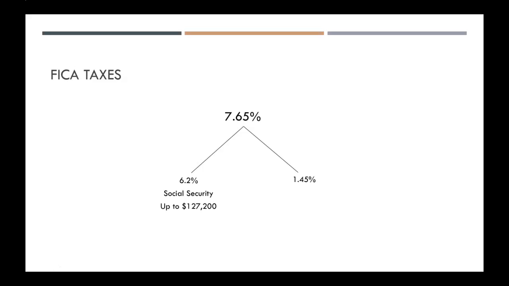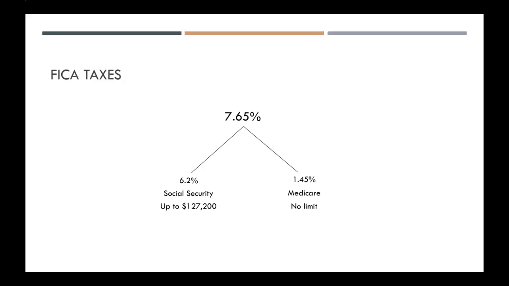Once they make more than that, any amount higher than that $127,200 threshold is no longer being taxed by this 6.2%. So there's this certain limit that someone would have to pay into for Social Security. Now the other piece of FICA, that 1.45%, that's Medicare.